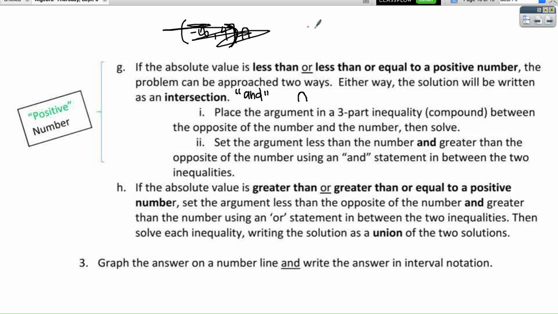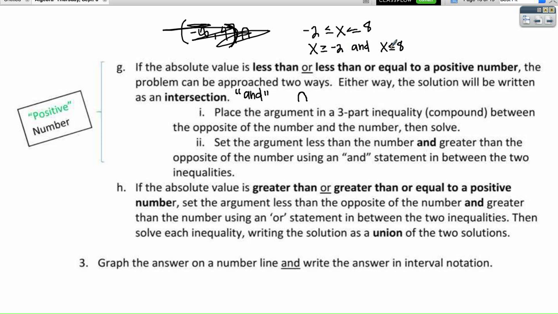Instead of writing something like negative 2 is less than or equal to x, which is less than or equal to 8, we learned that we could also say x is greater than or equal to negative 2 and x is less than or equal to 8.